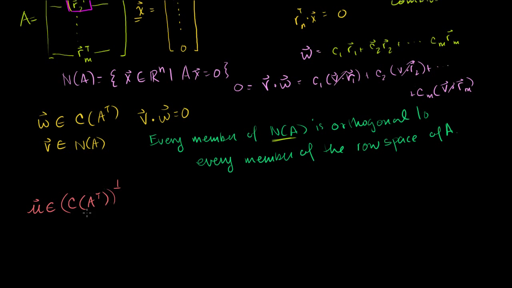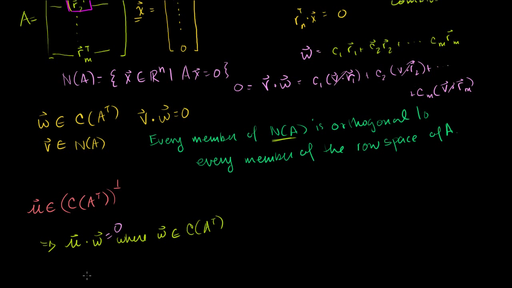So if we know this is true, then this means that u dot w, where w is a member of our row space, is going to be equal to 0. Let me write this down right here.